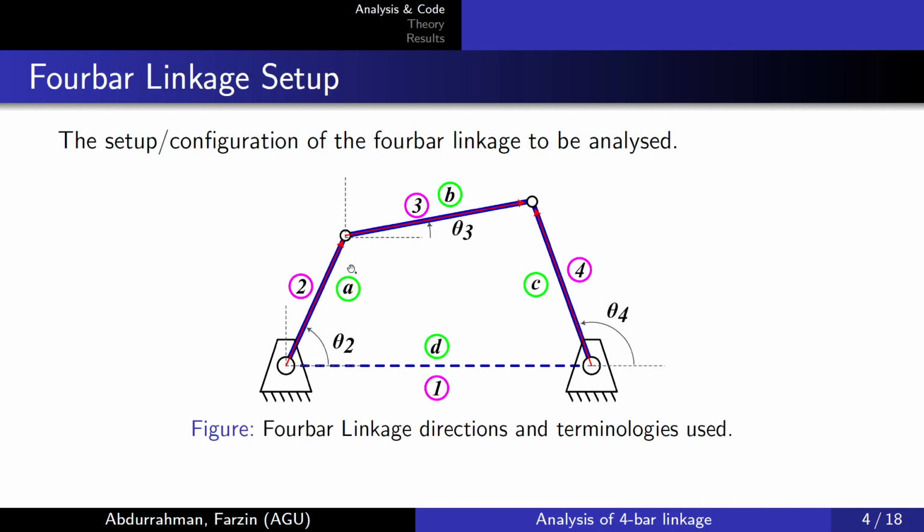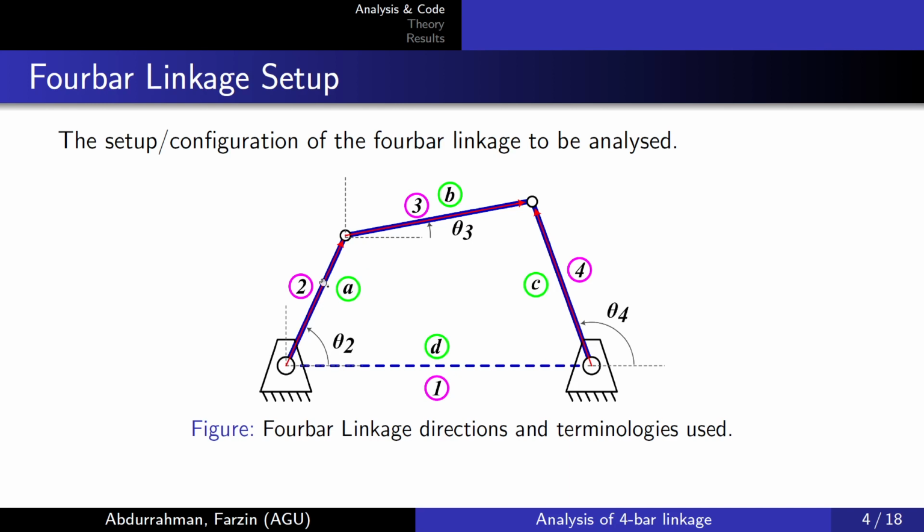So to start with the analysis, we have this four-bar linkage. The terminology used is that we'll start with the ground link as link number one, then we have 2, 3, and 4, and we have the lengths of the links, as we can see, being A, B, C, D, and the angles are defined as follows.